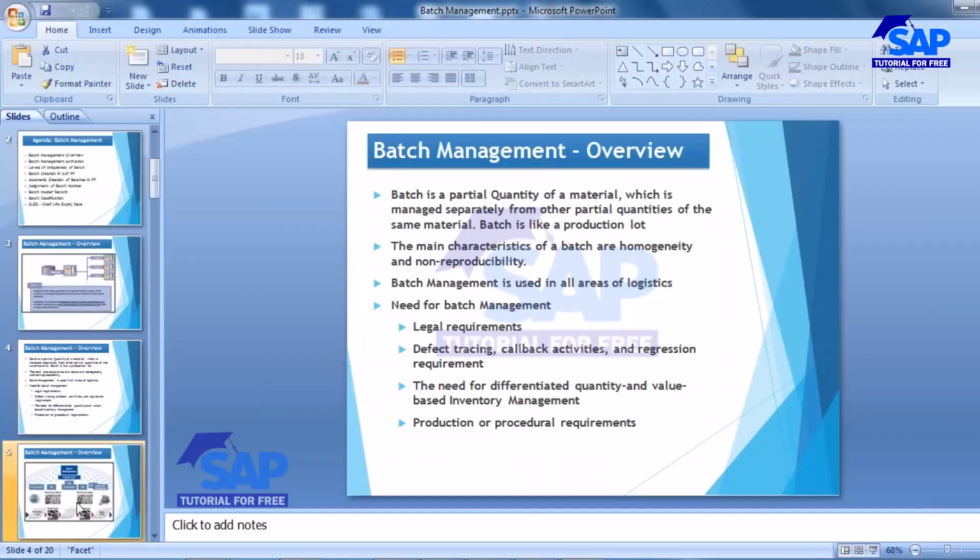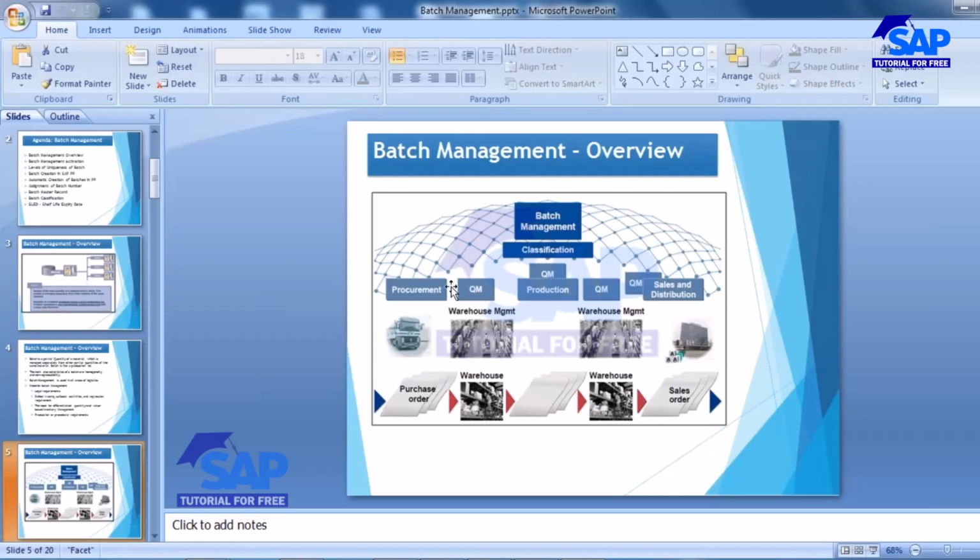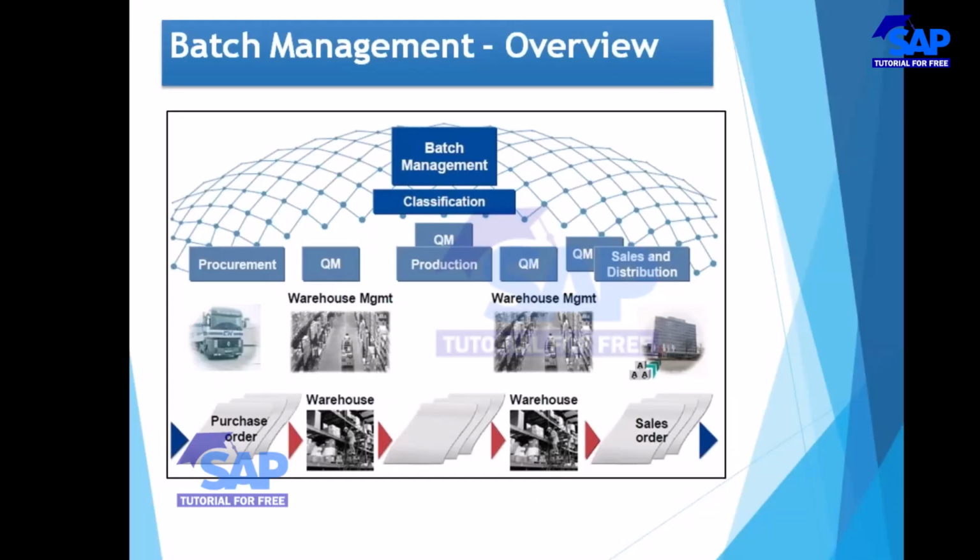As I explained earlier, nowadays batch management is used in all the areas of the supply chain cycle. In procurement, when you receive the materials you will enter a batch number, to identify this particular material, this batch, when it was received, from which vendor and on which date.